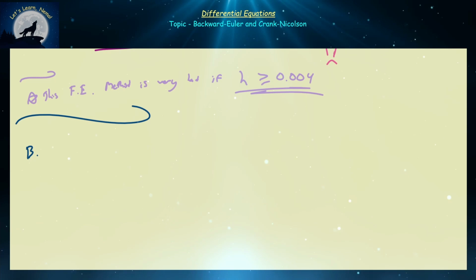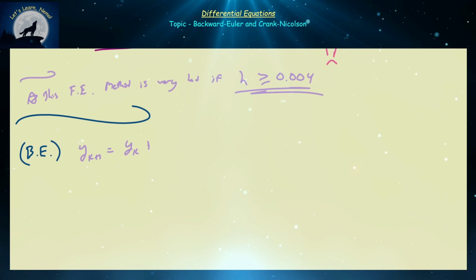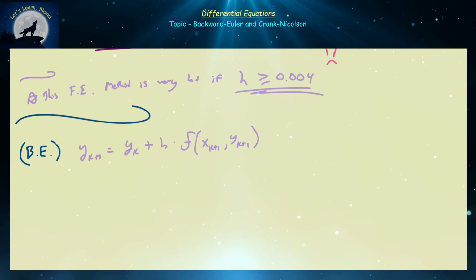So our Backward Euler method, the general scheme would be equal to what? Again, we're going to have y_{k+1} equal to y_k plus h times, and this is where it's slightly different because it looks at a point in the future, not the present, so it's f of x_{k+1}, y_{k+1}. And again, as usual, it's an implicit method because y_{k+1} is located on both sides of this equation, so we would have to solve this, hopefully analytically, in order to get a nice method out.